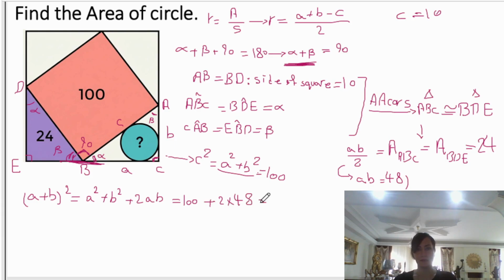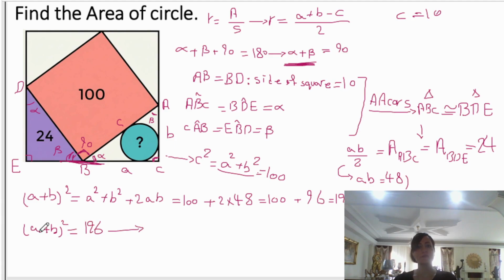I will write it again. Give me 100 plus 2 times 48, which is 96. So a plus b to the power of 2 gives me 196.